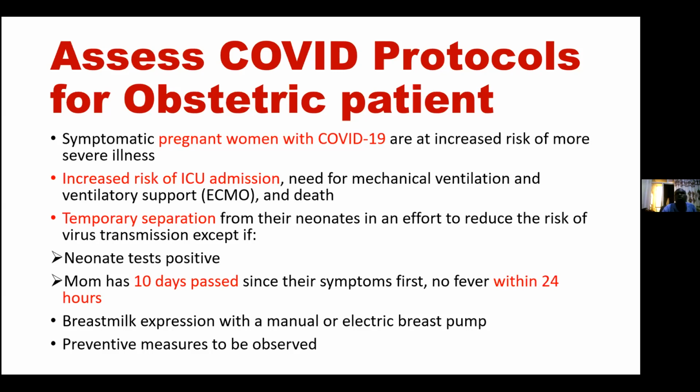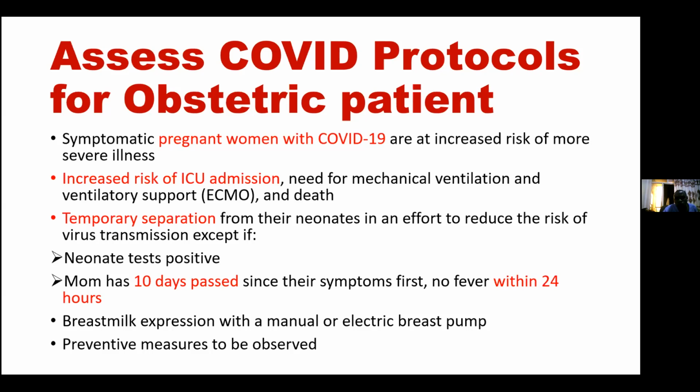Symptomatic pregnant women with COVID-19 are at higher risk of more severe illness due to their deranged physiology, their physiological changes. Then their heart is very heavy. They are at risk of having cardiac failure. So this is 2 patients in 1.